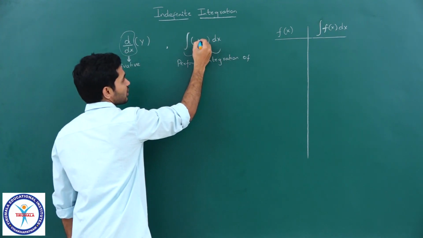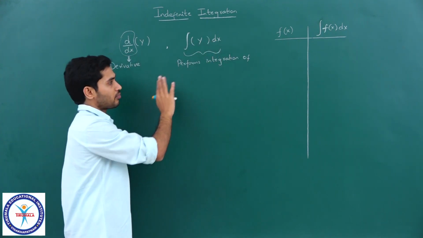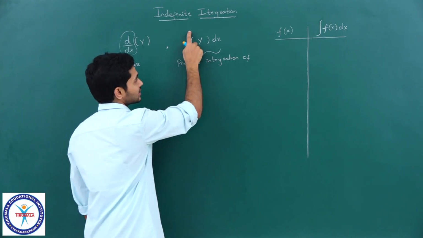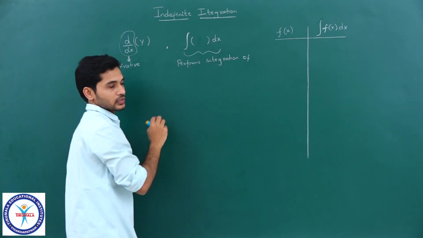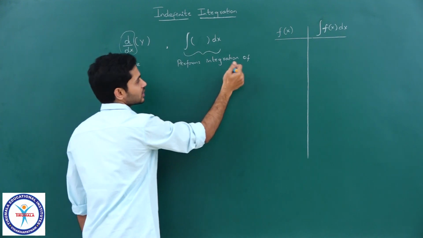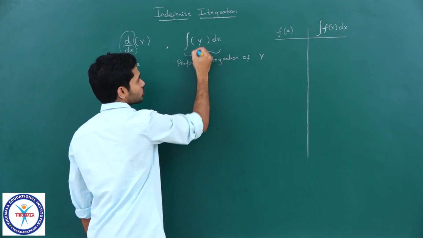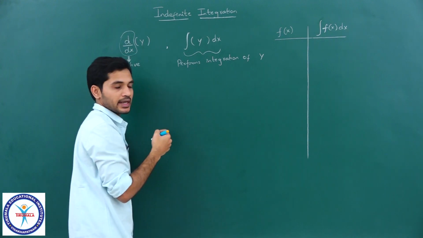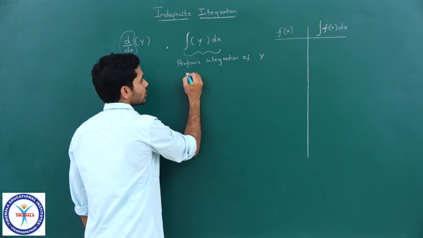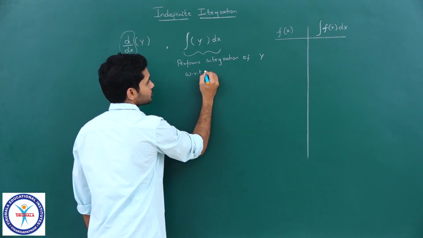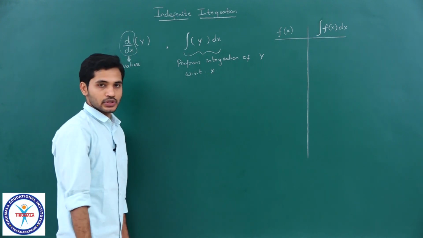Let us say I am substituting y here, it can be anything. What does this operator do? It performs integration of y. So, if there is y here, it performs the integration of y with respect to x. Clear? That is how we should understand it.